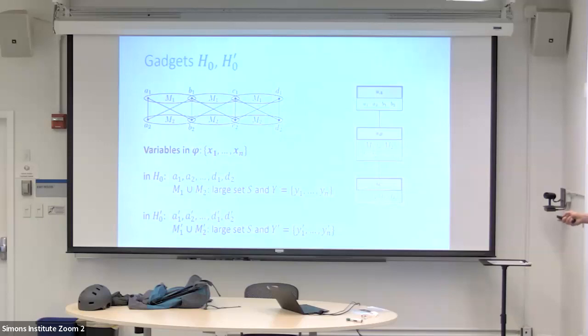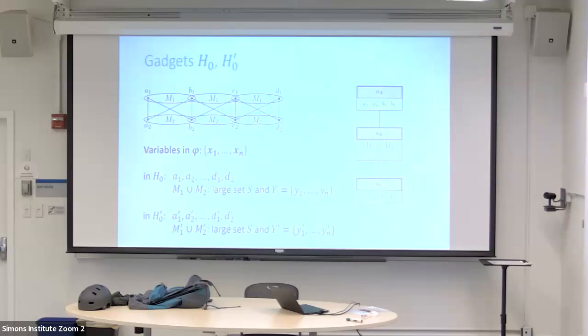Importantly, what I want to say here is these big sets that I want to put here. The unprimed version contains all of the vertices y1 through yn, and they are used to somehow encode the propositional variables. The primed version contains the set y1 primed through yn primed, and they somehow encode the negation, not x1 through not xn. That's the idea here.